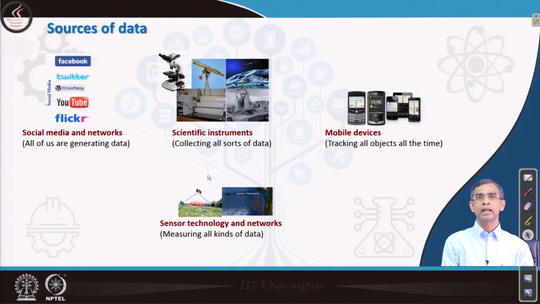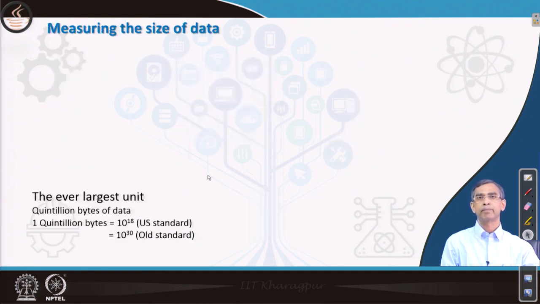Now, these sources are generating data in various formats. Those formats are not necessarily only text; they may be numbers, text, audio, video, image and what not. So, with different forms, different types and different sources, data processing demands a novel or breakthrough technology.